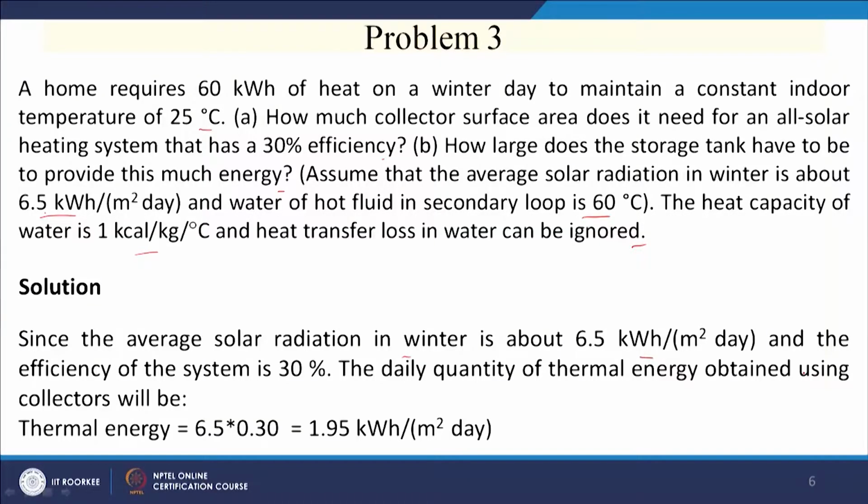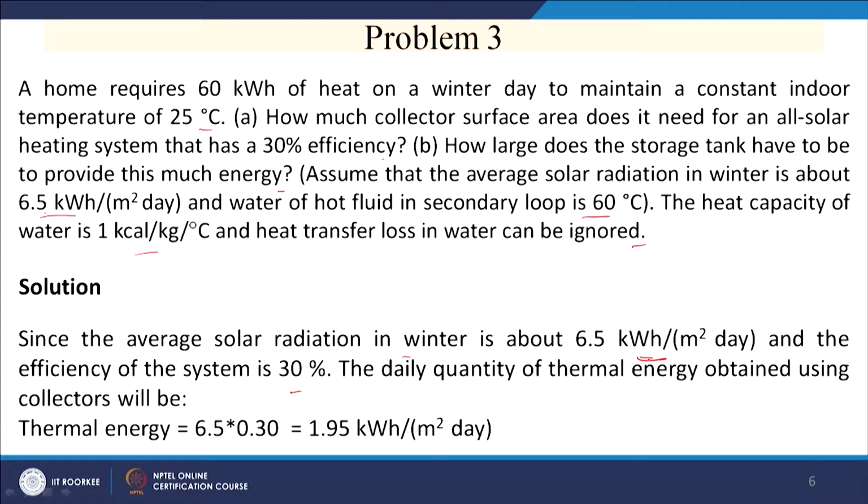Since the average solar radiation in winter is about 6.5 kilowatt hour per meter square day, and the efficiency of the system is given as 30%, this is our total solar radiation.